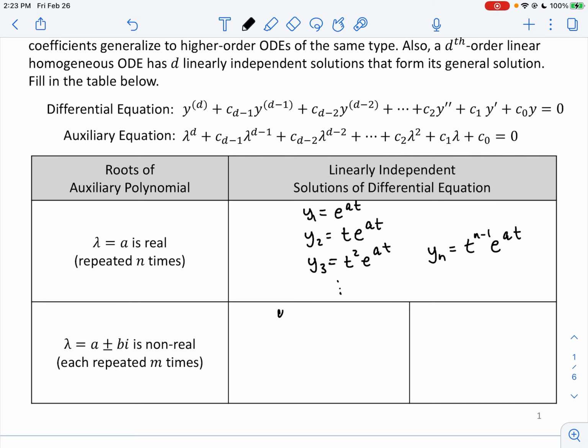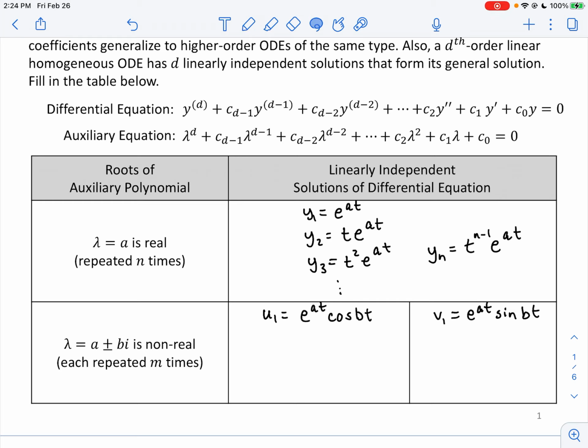The first one, I'll call it u1, will be e raised to the at times the cosine of bt, where the a and the b are the real and imaginary parts of this complex root. And the second one, we'll call it v1, is equal to e raised to the at times sine bt.